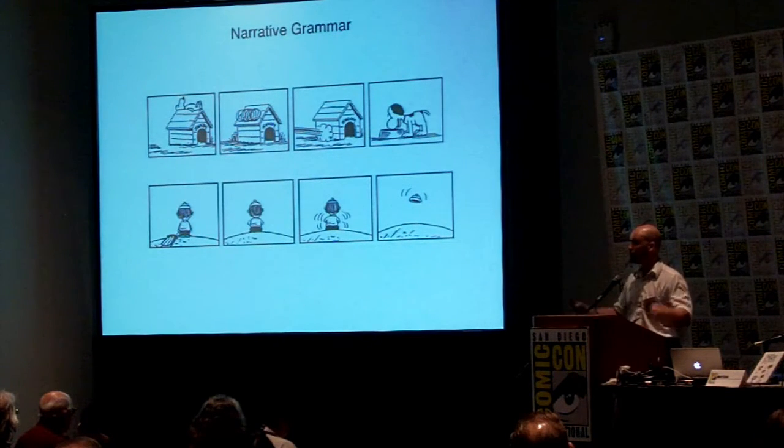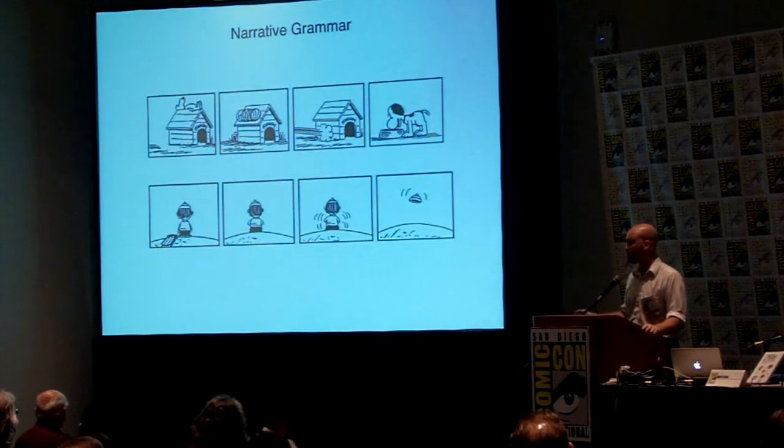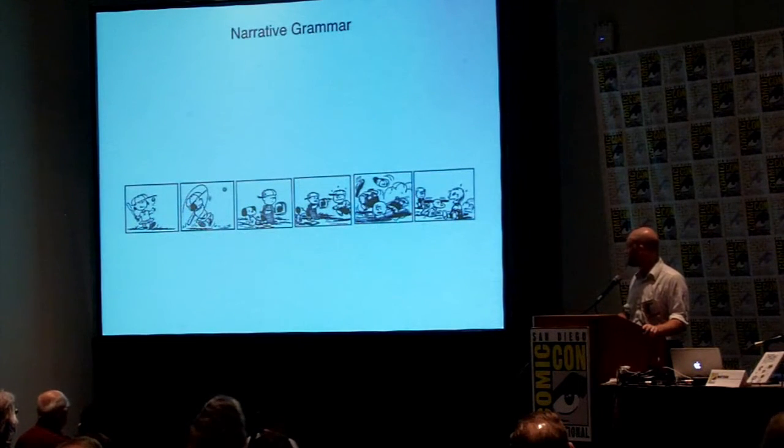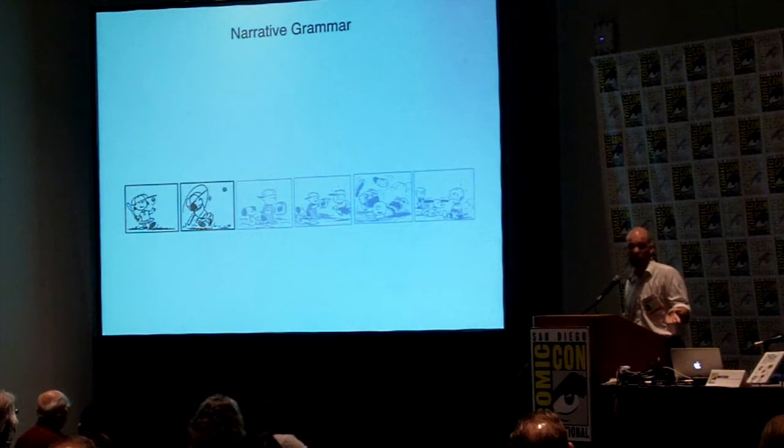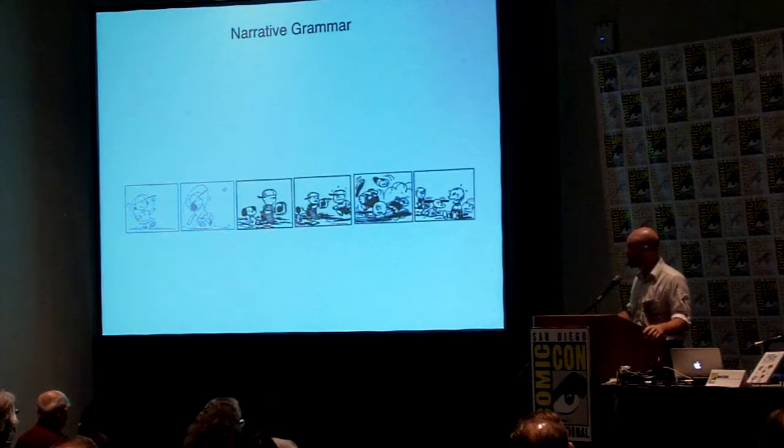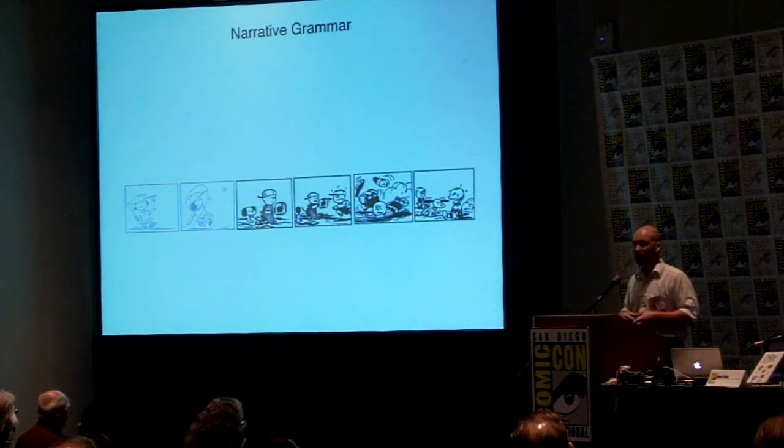That means there has to be some sort of top-down knowledge given to you from the sequence itself that enables you to understand the individual image. Similarly, in a sequence like this one, you might notice that these two panels kind of go together as a group. And these four panels go together as a group that transcends just the kind of linear relationships between them.